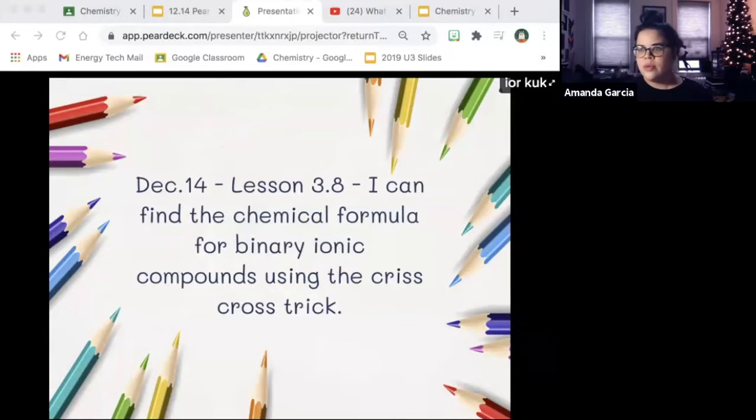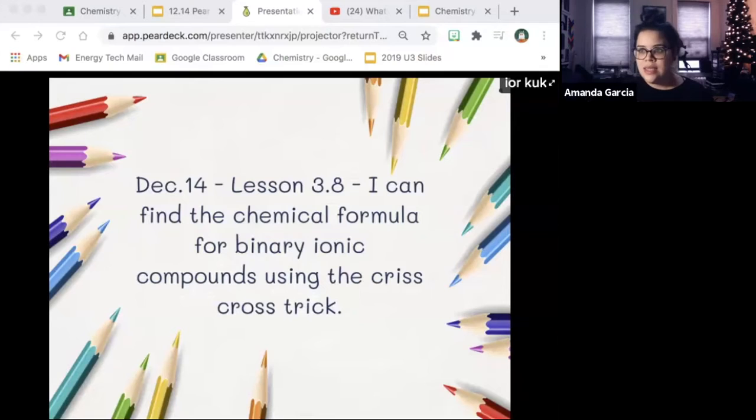You will learn more about the crisscross trick explicitly in your Edpuzzle, but binary ionic compounds are going to be ionic compounds between 2 elements, and chemical formulas are going to be those abbreviations that tell you how many of each atom you have in a compound. For example, water's chemical formula is H2O, which is 2 hydrogens bonded to 1 oxygen.